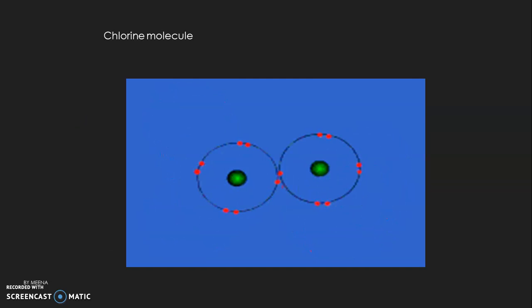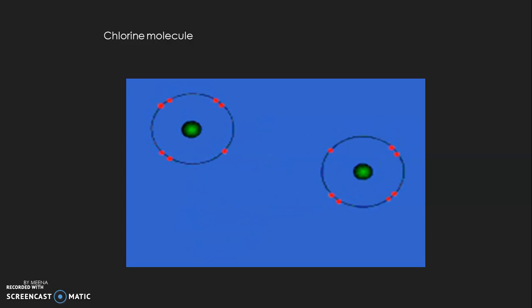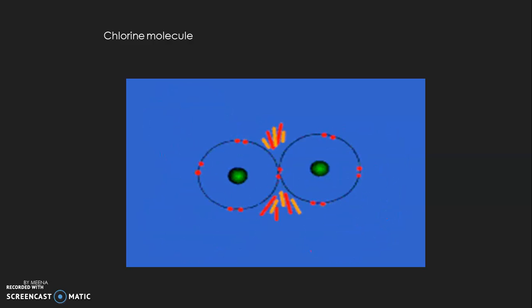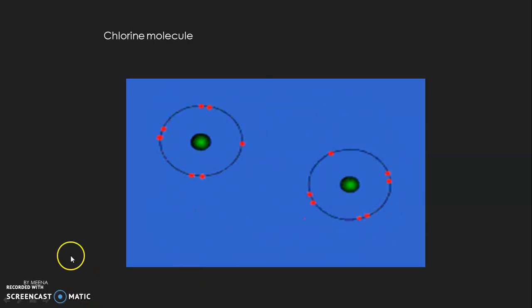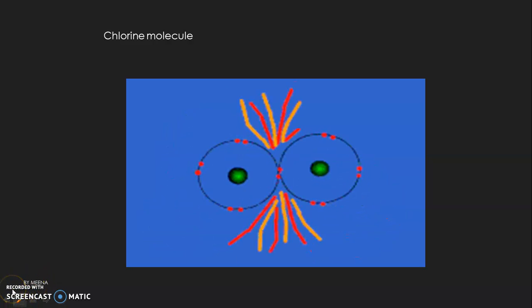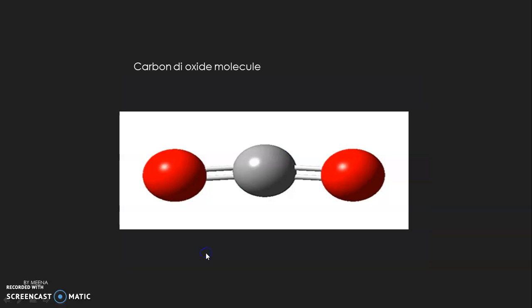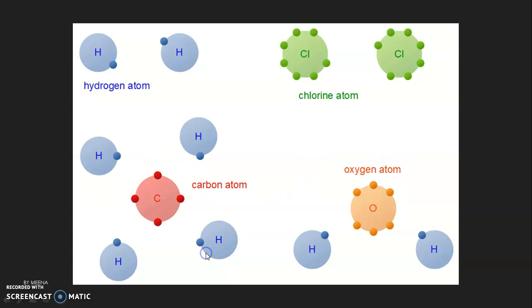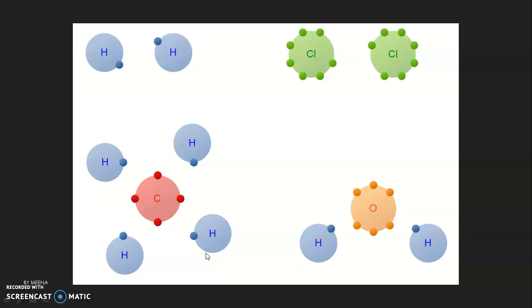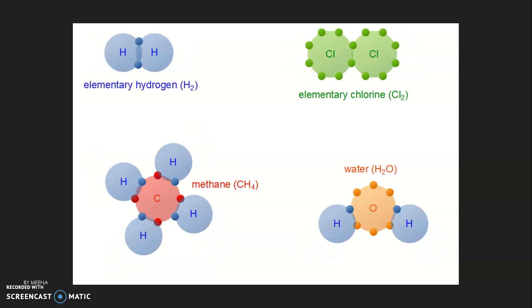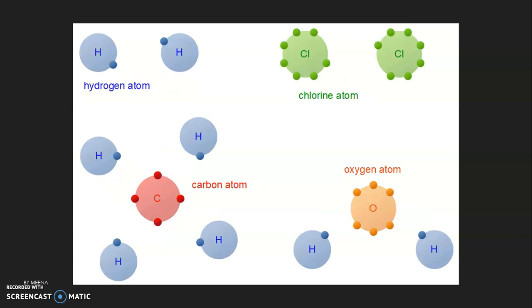Like you can see one example, that is the chlorine molecule. See, 1 electron is shared by each atom in the chlorine molecule. In the same way, carbon also shares electrons. These are a few examples of covalent compounds, where the electrons are being shared by the atoms.